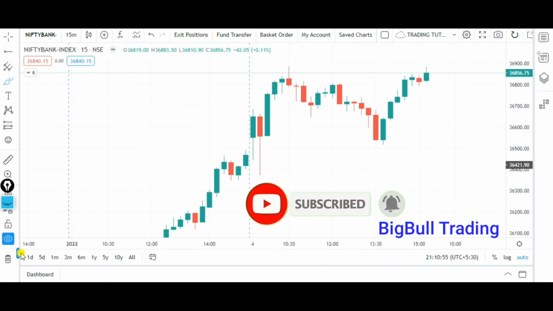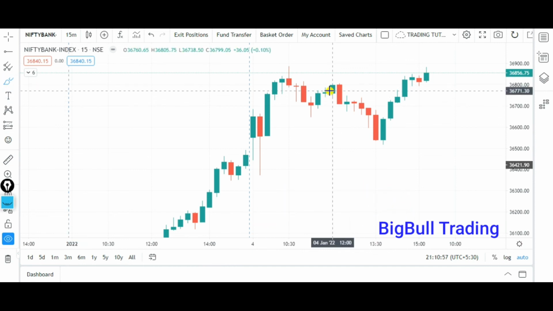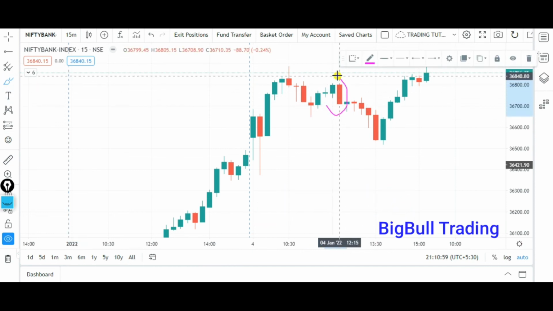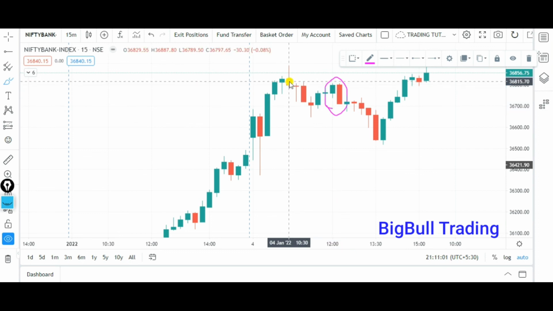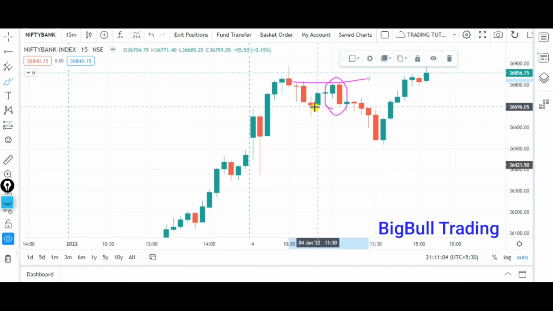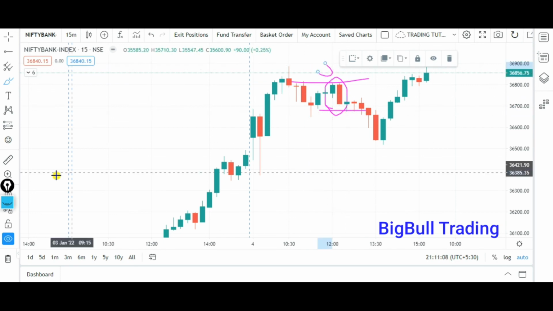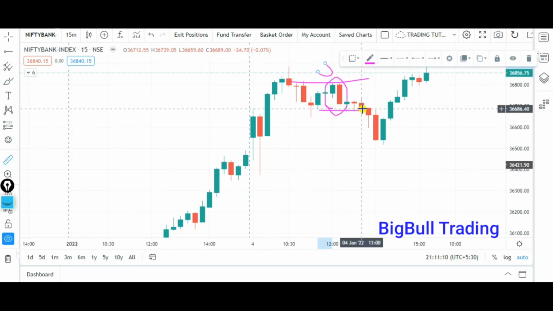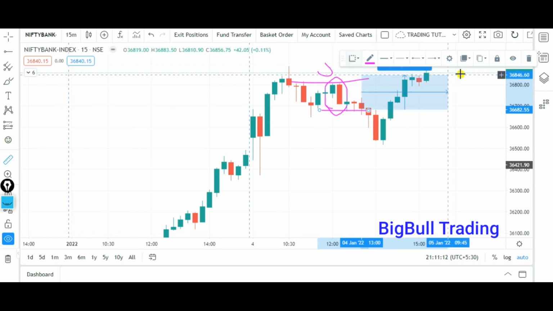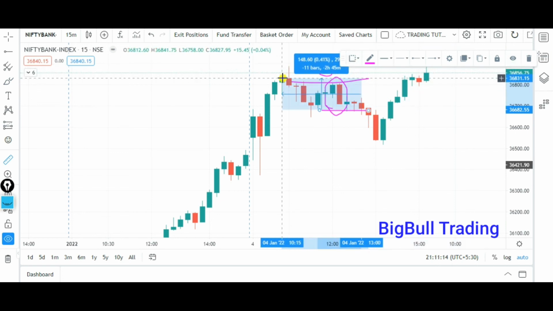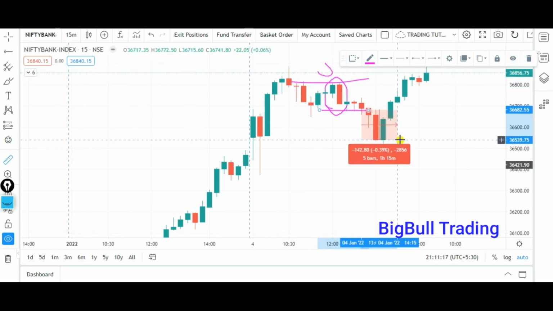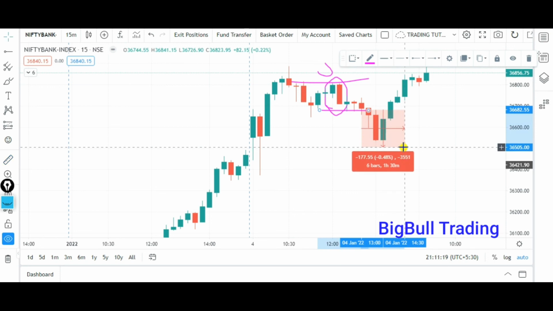See, this is the bearish pattern. This is the resistance zone. So if you have taken the trade here with a SL above, you could have made some 1:1 ratio. Let's see, your stop loss is 148 points. Your target, you could have got a 1:1 ratio like that.